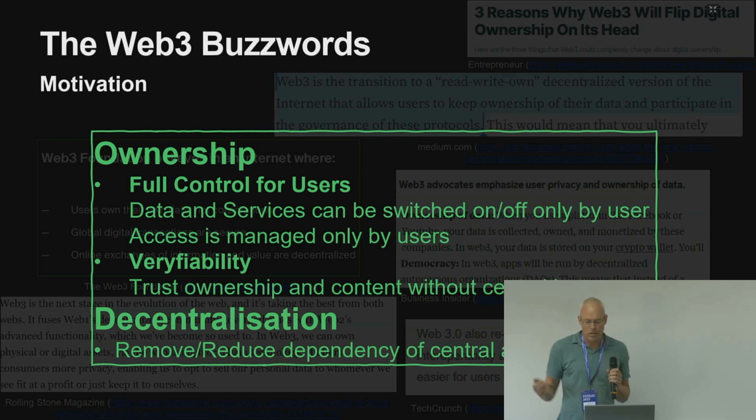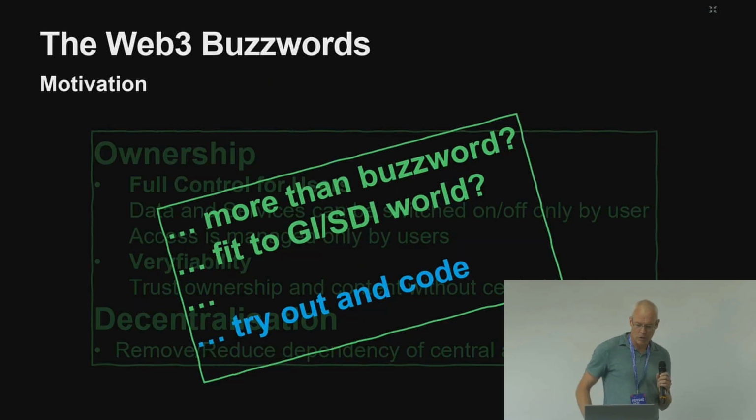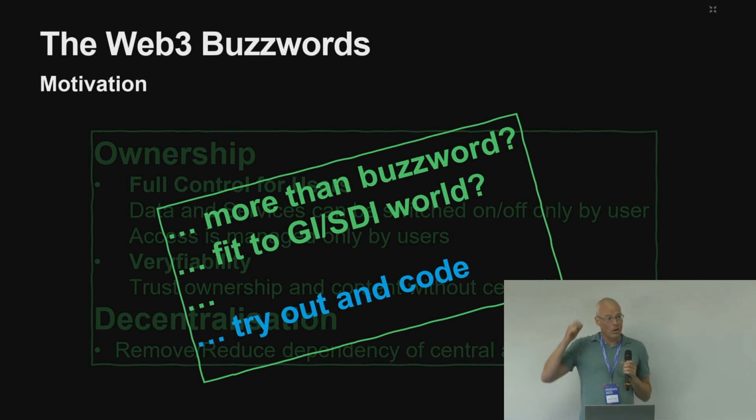So I was not sure if those articles are more than buzzwords or how this fits to our GI or SDI world. So the way that I did it was trying it out, a test case, and seeing how this runs.